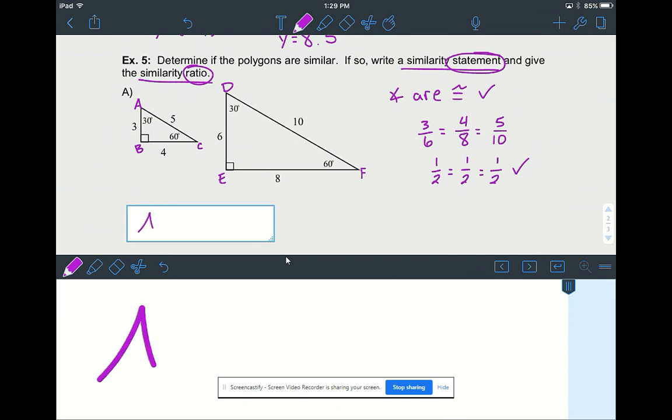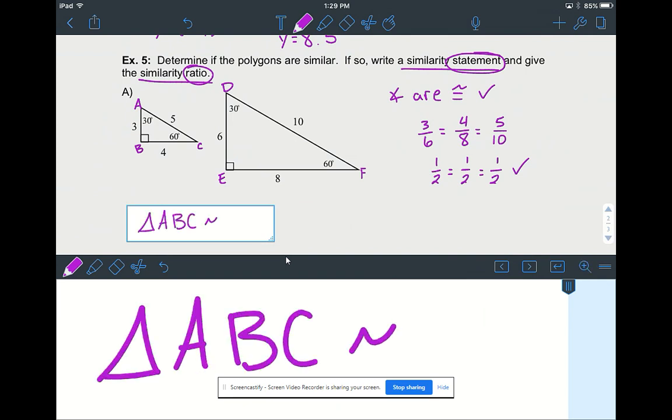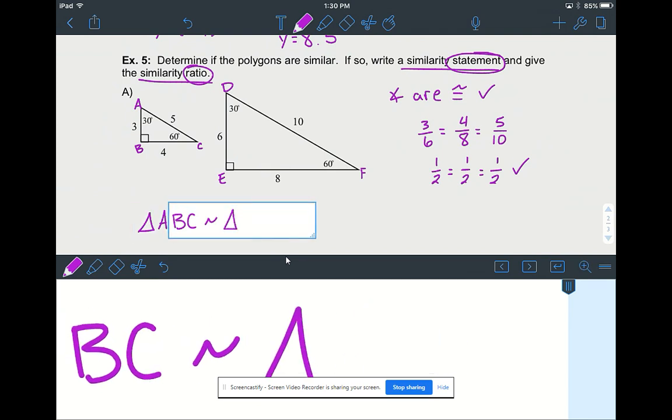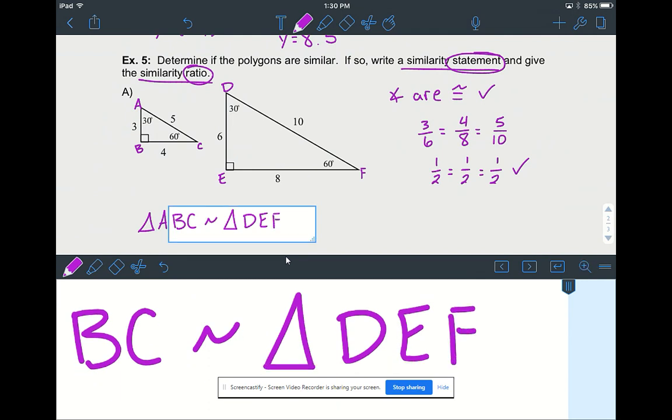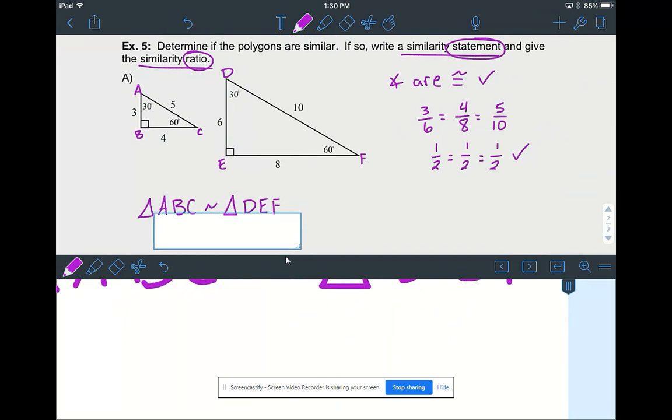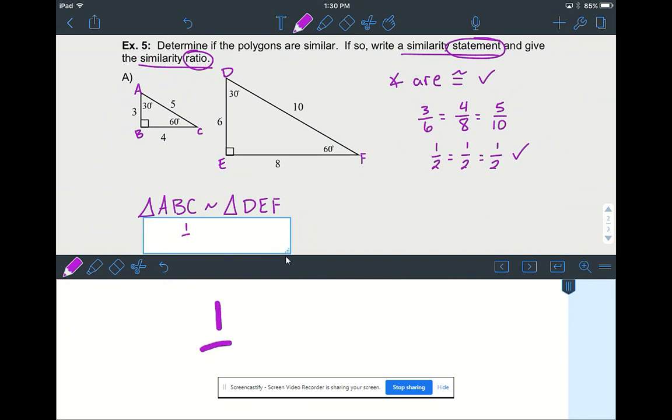So our similarity statement is triangle ABC is similar to triangle DEF. And then it wanted to know the similarity ratio. The similarity ratio is 1/2. We don't write "ratio." We write SR, similarity ratio, equals 1/2.